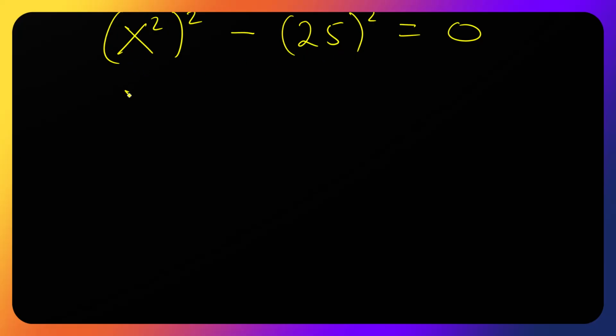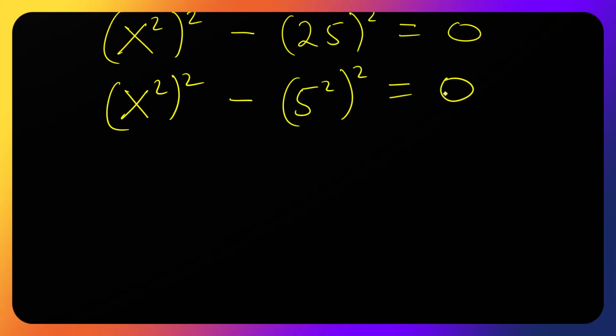Now we can write this one as x squared all squared, and this side can also be written as 5 squared, equals 0.